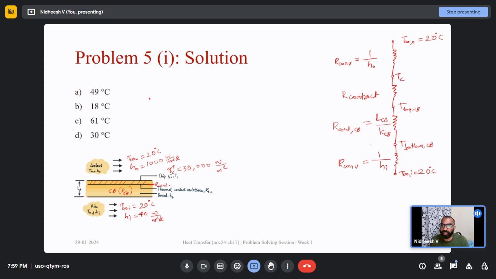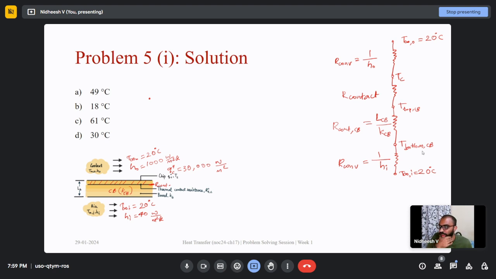Now we have not specified the heat flux flow. Can someone say how heat flux is flowing? Because at the ends, the temperatures are equal, 20 degrees Celsius and 20 degrees Celsius. From where to where is the heat flowing? Sir, from the chip, whatever heat is generated by the chip.